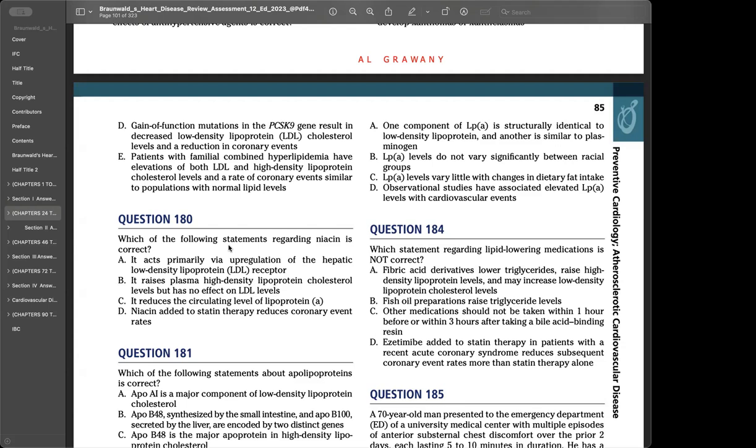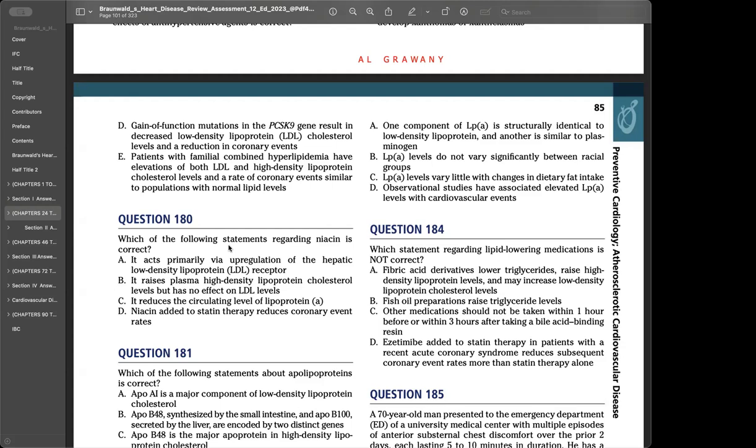Going to option C, lipoprotein A levels vary little with changes in dietary intake. This is a true statement because it's minimally affected, like I mentioned earlier in option B, that is, the levels of lipoprotein A are determined by genetics and not diet.